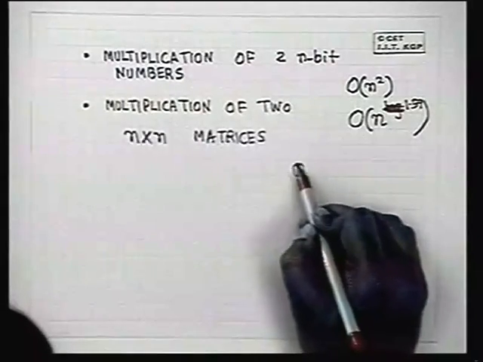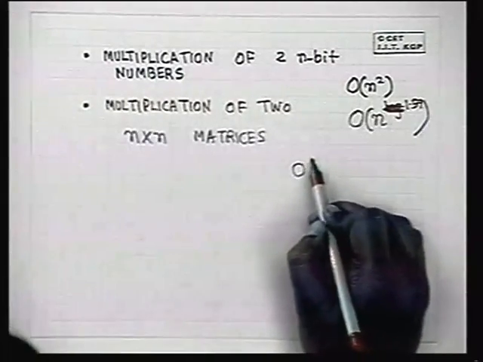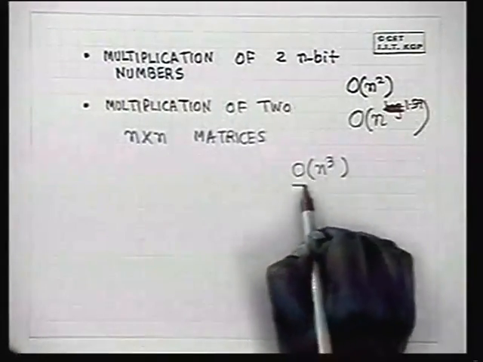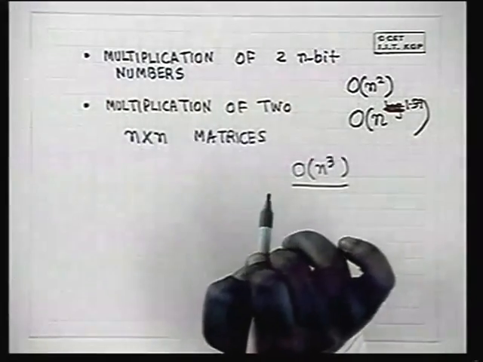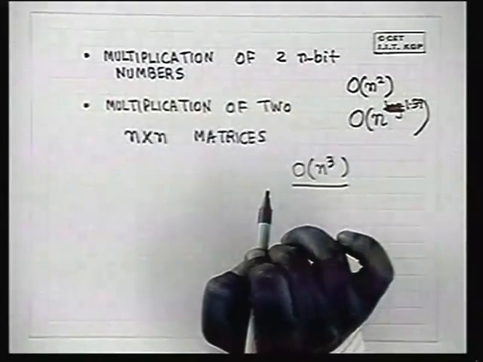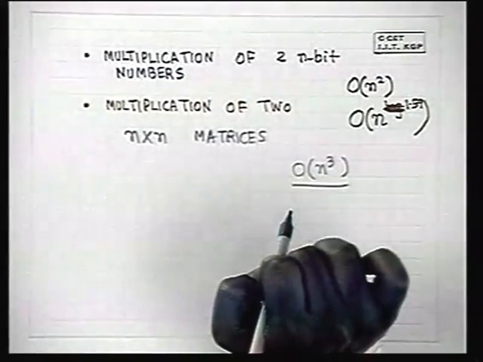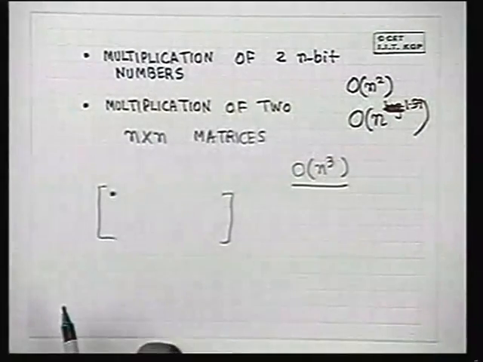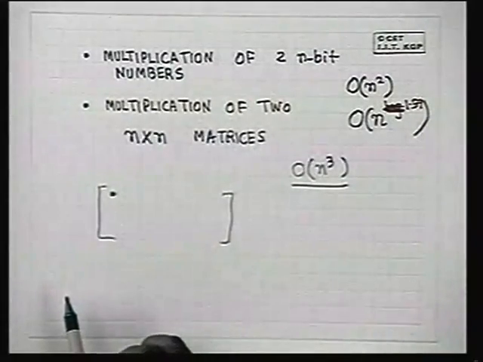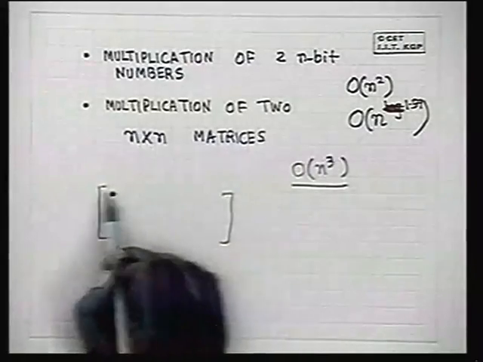N square or n cube, isn't it? N cube. Our standard loop algorithm will take n cube multiplications. Every row with every column. So to produce every element here, we require order n multiplications.